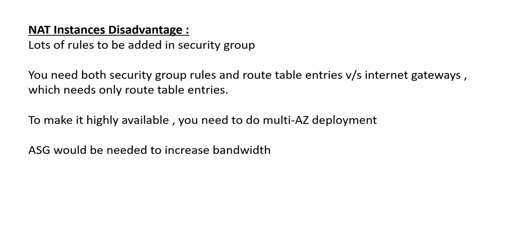Now, one more thing that is very important, and it's a key differentiator. The internet gateway is AWS managed, and you get pretty high bandwidths. Here you are in control, so you have to establish an auto scaling group so that you can increase your bandwidth. Let's quickly look at the diagram to explain it more.